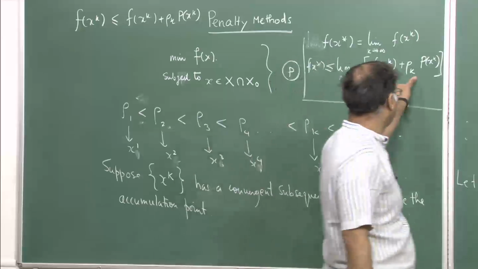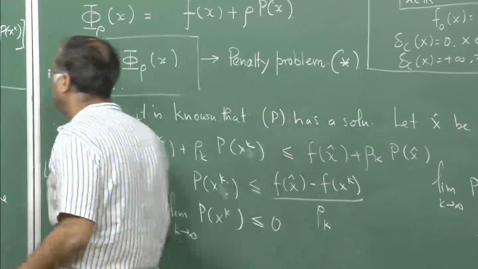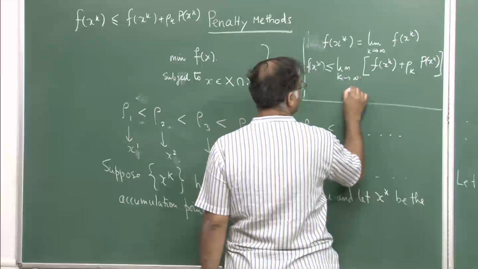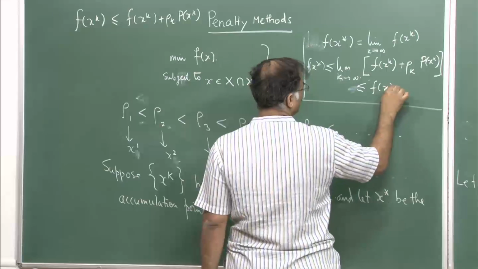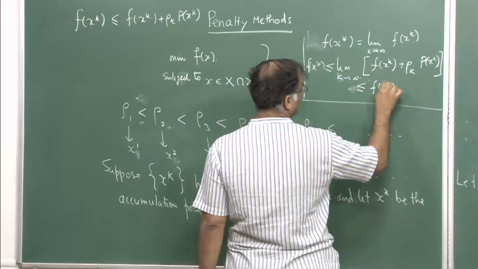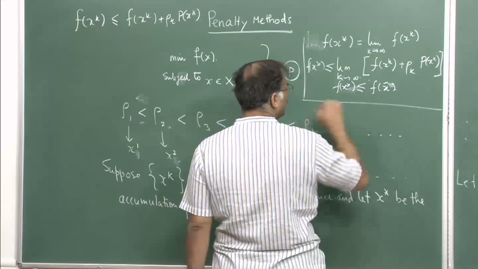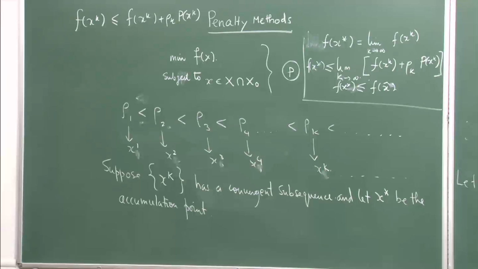Now, this is obviously less than or equal to f of x hat, and f of x hat is independent of k. So, this limit is nothing but less than or equal to f of x hat. So, f of x star is less than or equal to f of x hat. Maybe when we say a solution we are expecting a global minimum, of course.